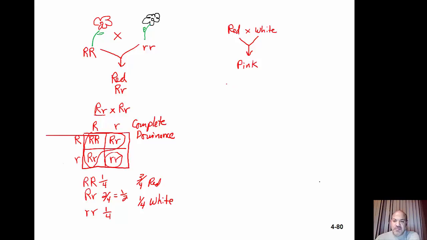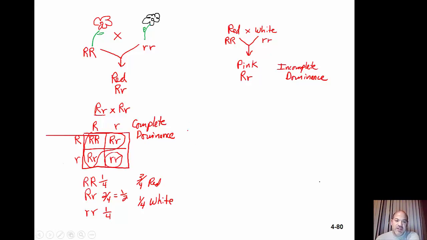So basically, if this were true breeding here, big R, and this were true breeding homozygotes, and we get the heterozygote, the heterozygote would be a blending. That pattern is going to be referred to as incomplete dominance, since no one allele is dominant over another one. It's a blending of each one.